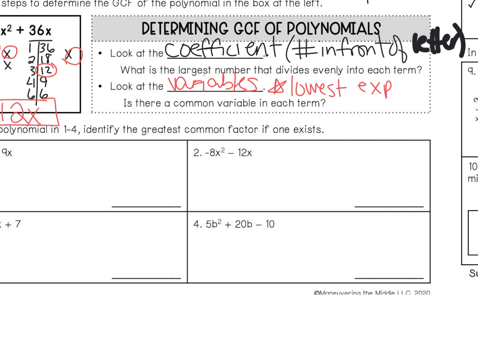Okay? Remember, a GCF can be a number, a letter, or a combo of both numbers and letters. Okay?